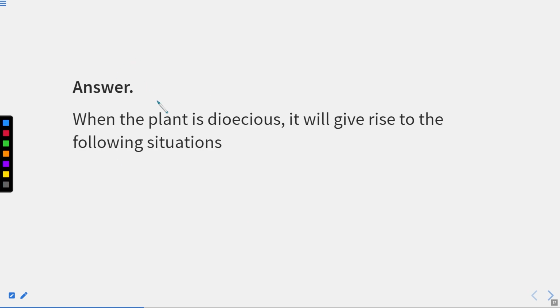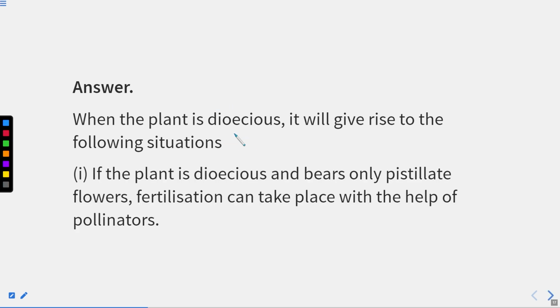So this is clear. Now, when the plant is dioecious, meaning when the female and the male reproductive structures are present on different plants, it will give rise to the following situations. Now, let's have a look at these situations. If the plant is dioecious and bears only pistillate flowers, fertilization can take place with the help of the pollinators. So, what does this mean?